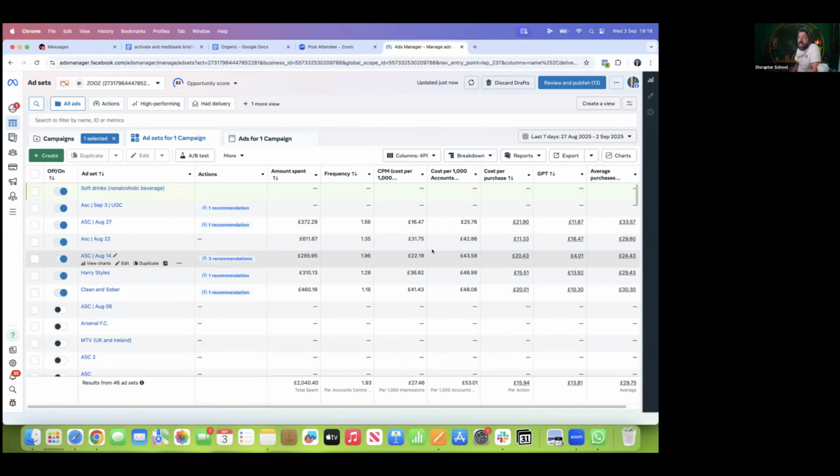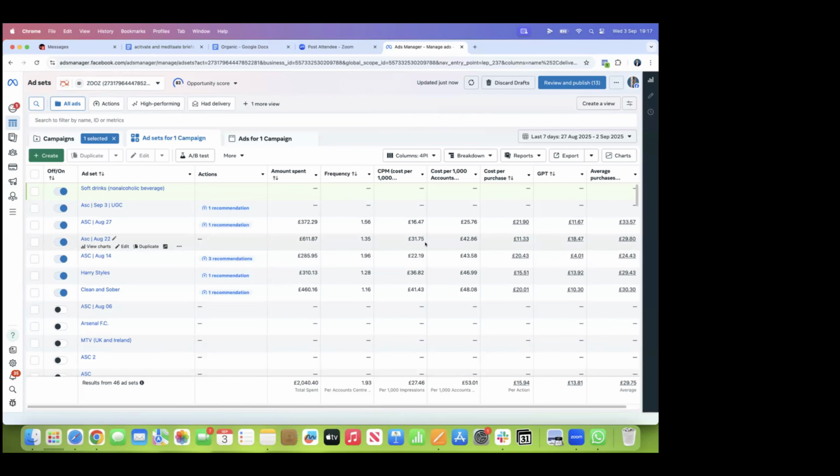However, the thing earning the most money in this account, in this campaign, the ASC August 22nd, has an above average CPM, but again, what we would expect is an above average CPM equals an above average efficiency. So the CPA there is the lowest. We generally don't always see that being a situation where those are also the ad sets that earn the most spend. So a quick question, is this a CBO or an ABO campaign?